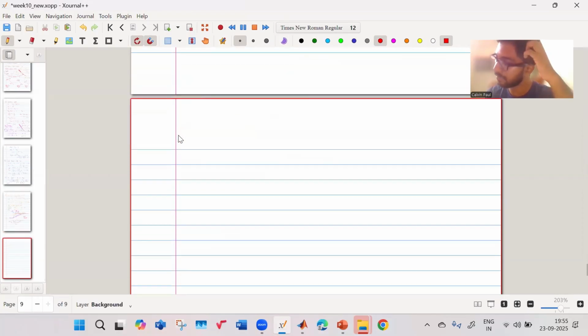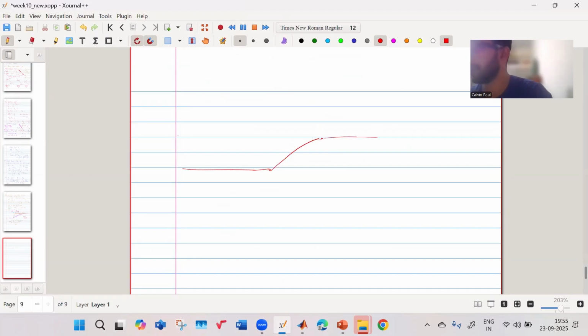Just say you have your voltage like this over here. Your voltage has to go to this point, right? This is your voltage. Your current was going like this.